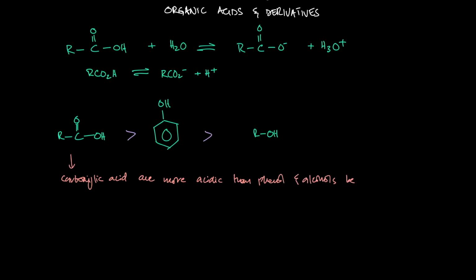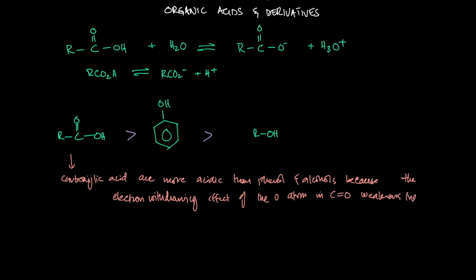is because of the electron withdrawing effect, which is known as negative induction. The electron withdrawing effect of the oxygen atom in the C double bond O weakens the OH bond.